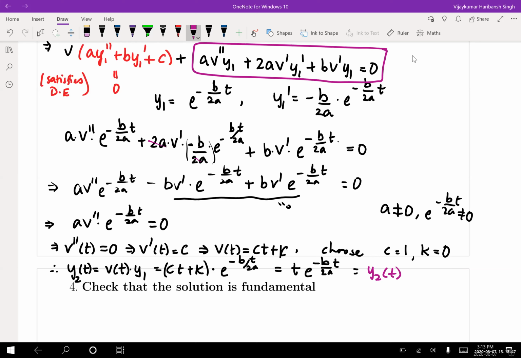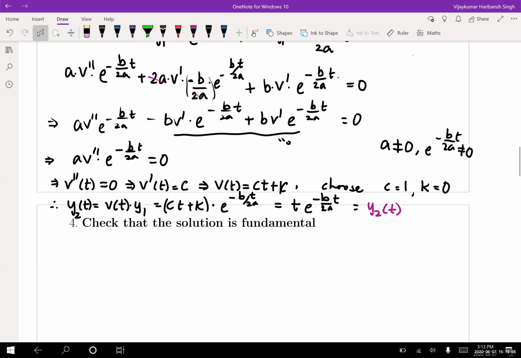So the idea is to get another solution y2, which is linearly independent with y1. And what does that linear independence mean? It means that the Wronskian of y2 and y1 must be non-zero. Okay, so now let's check if the solution is fundamental. How do you check that? Again, you'll use the Wronskian.